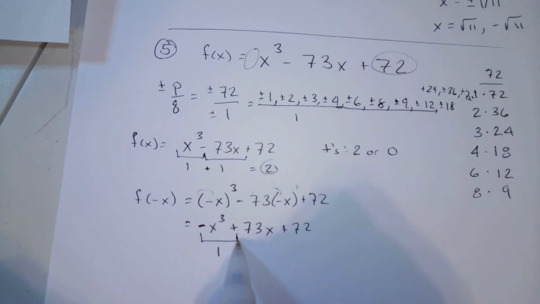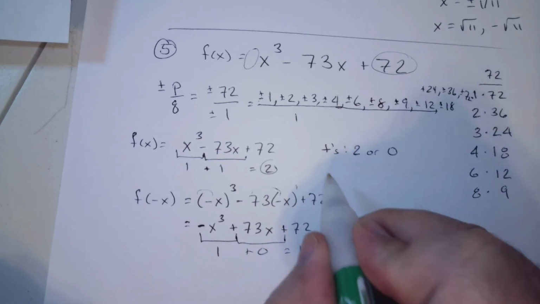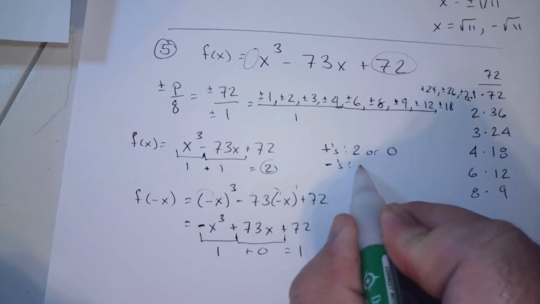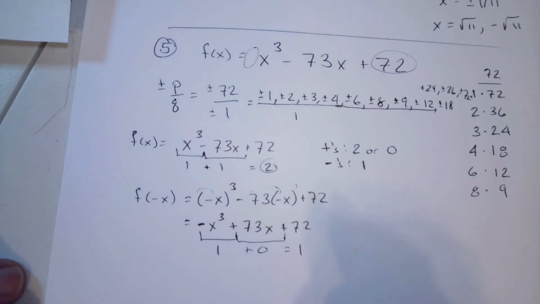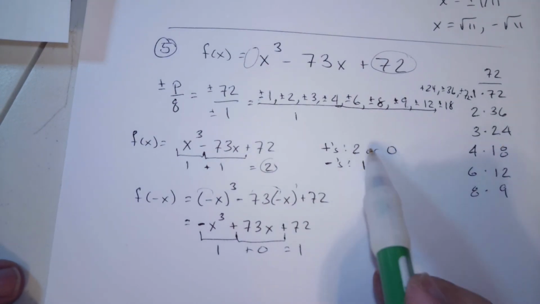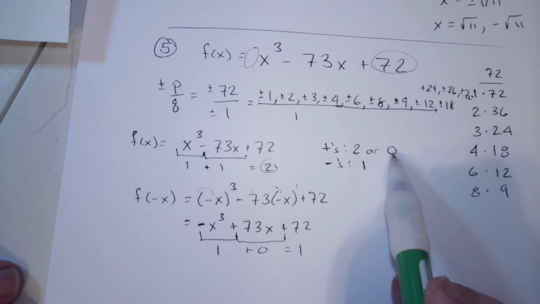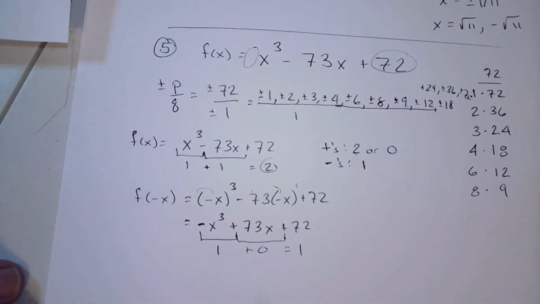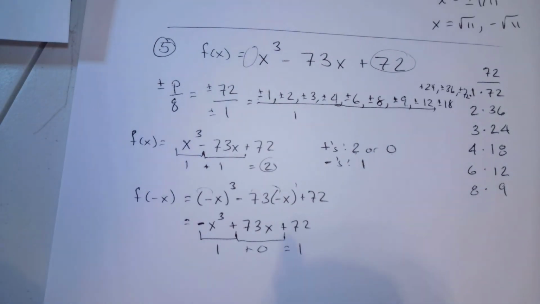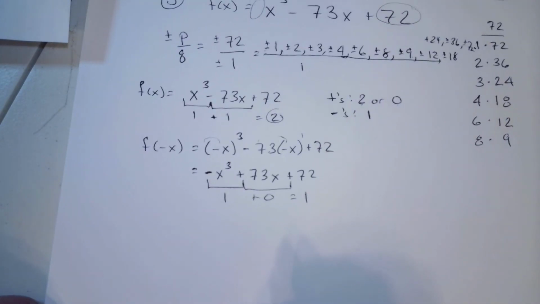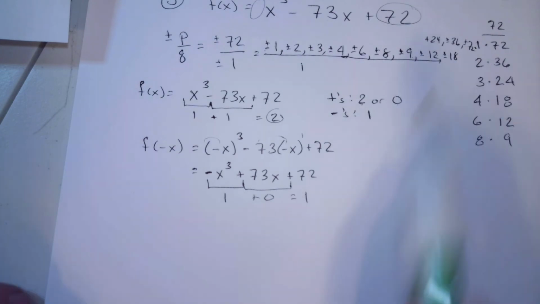There's 1 sign change, so we only have 1 for the negatives. We will have only 1 negative answer. And we'll either have 2 positives or no positives. And we'll have either no imaginary or 2 imaginary. So we have to check all of these.